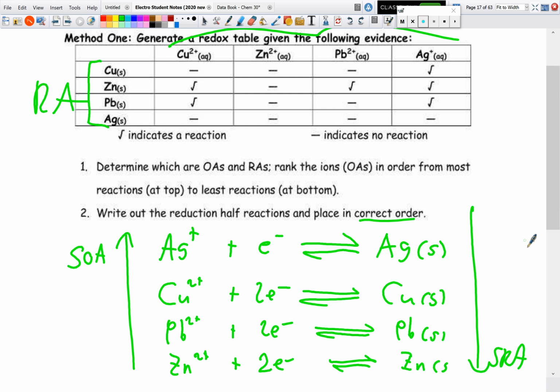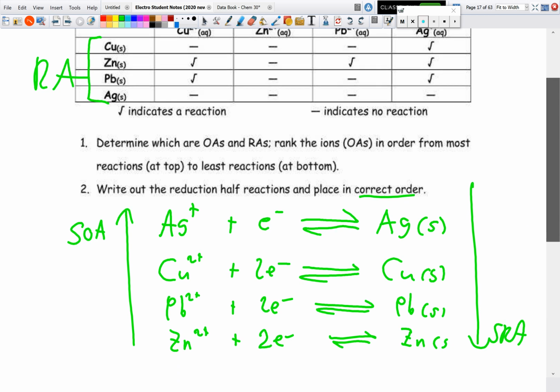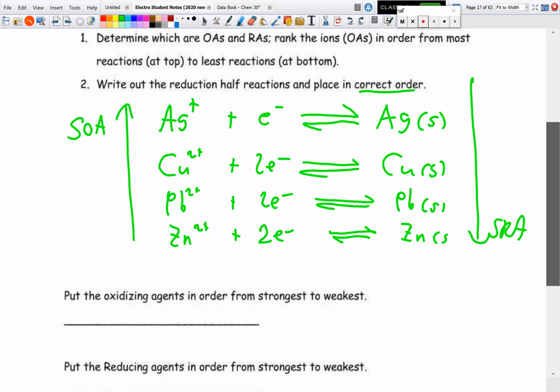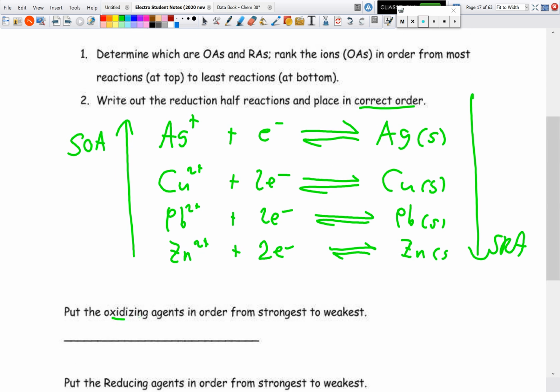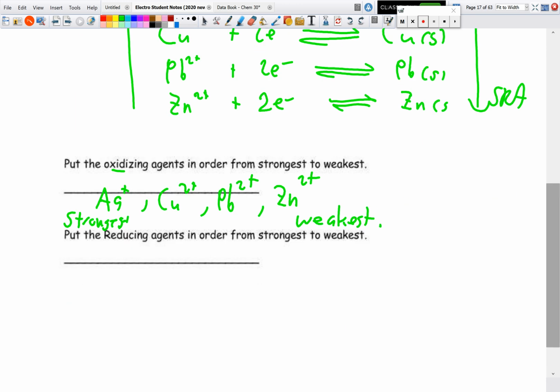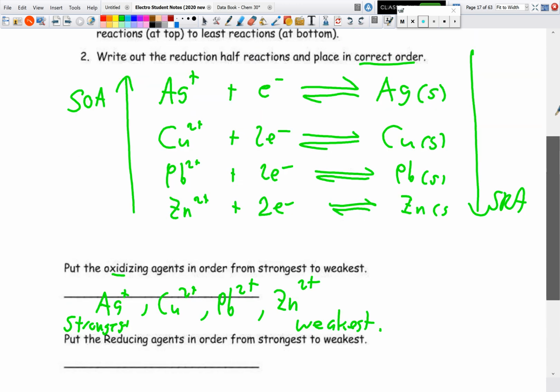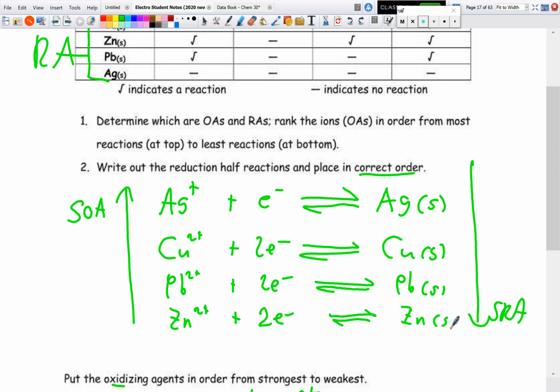From here we can list the oxidizing agents in order from strongest to weakest: Ag+, Cu2+, Pb2+, and Zn2+. And we can even put our reducing agents in order from strongest to weakest as well, because we know our strongest reducing agent is down at the bottom here, so that's our zinc solid, and they get weaker as we go up.